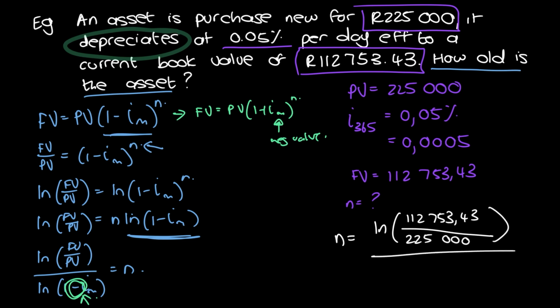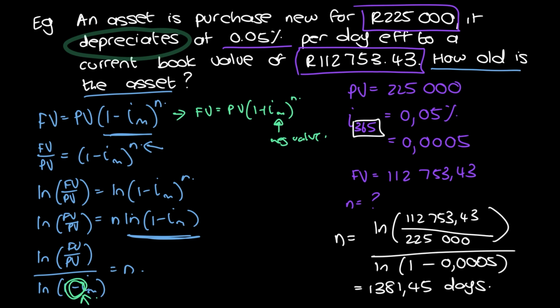And then we have this divided by the ln of 1 minus 0.0005. And that is going to give us 1381.45 days. Why is it in days? Because our m was in days, because our m was 365.